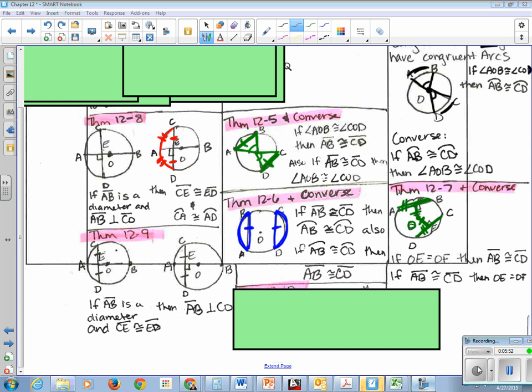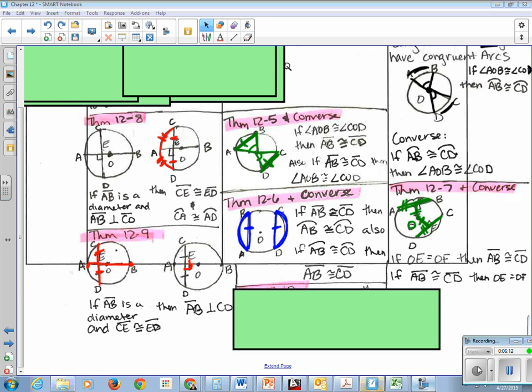So if I have the scenario where AB is the diameter again, and I can prove that these two line segments are congruent, then we can say that AB is perpendicular to CD.